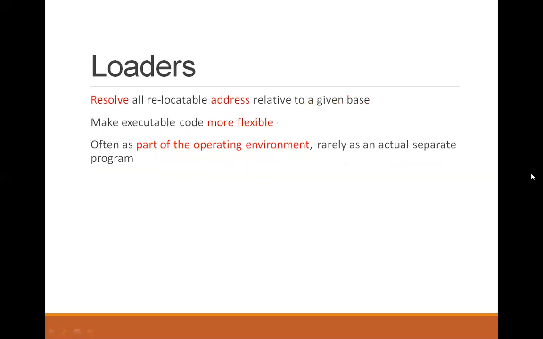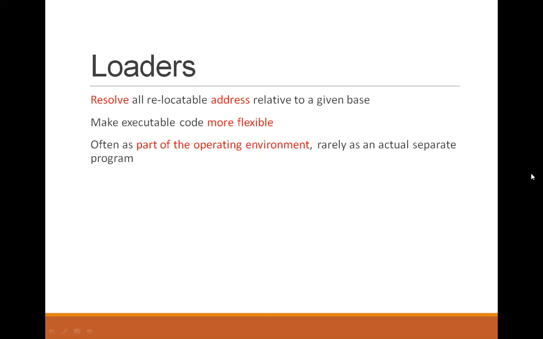Then we have another program that works with your compiler called a loader. When a program has to be loaded into the RAM, it has to be allocated some storage space inside RAM where it can create its variables, where it can load its files.